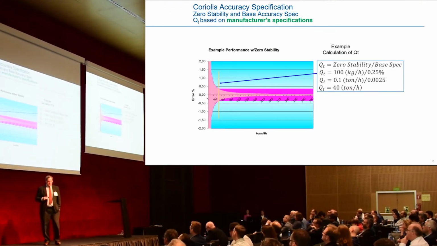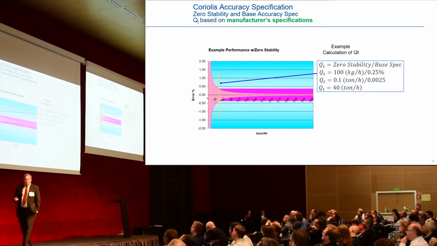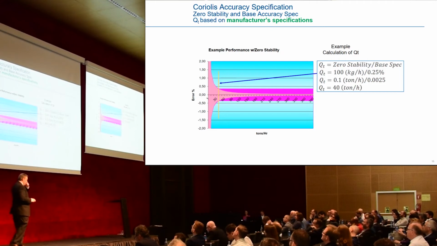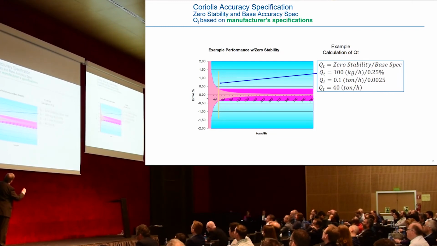Just a couple of words about that. Because Coriolis flow meters generally have better performance over the wider portion of the flow range that the meter is used than the AGA 11 standard, there are two options you can use to calculate where the transition occurs. You can either base that calculation on the manufacturer's published specifications, like in this example, where we've got a published zero stability of 100 kilograms per hour, and perhaps a gas spec of 0.25%.